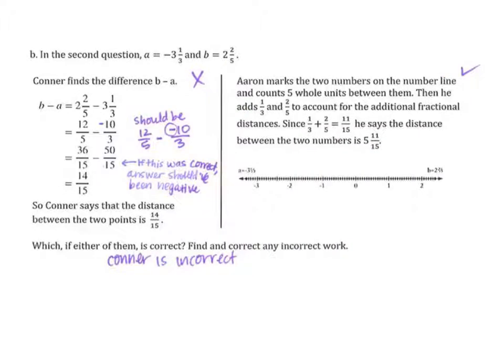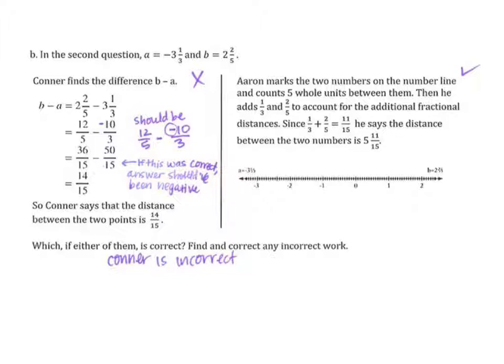For part B, I checked over Connor's work and I found a mistake. He should have had a negative sign in front of the 10/3. It should have been subtract a negative 3 1/2, so it should have been subtract a negative 10/3, and so on and so forth. Also, he made a second mistake.